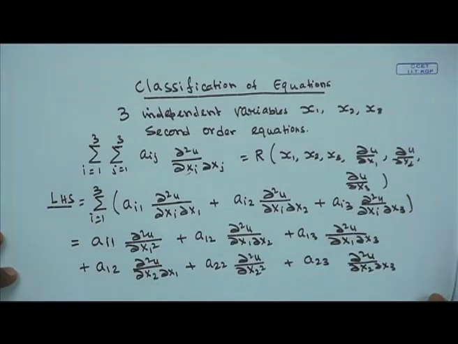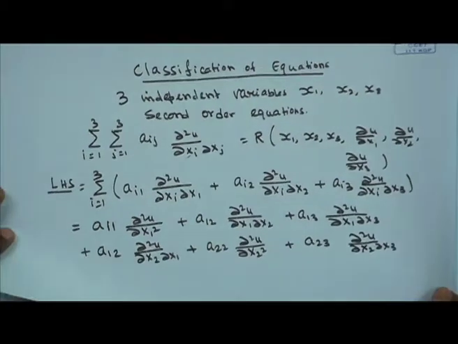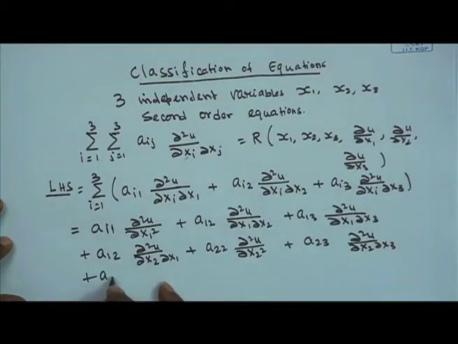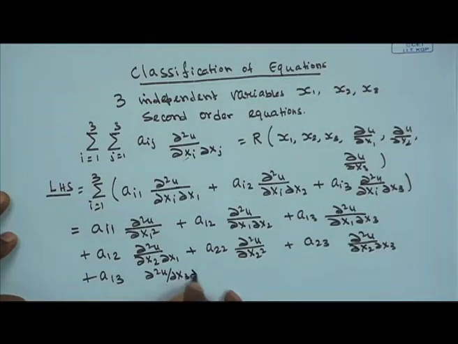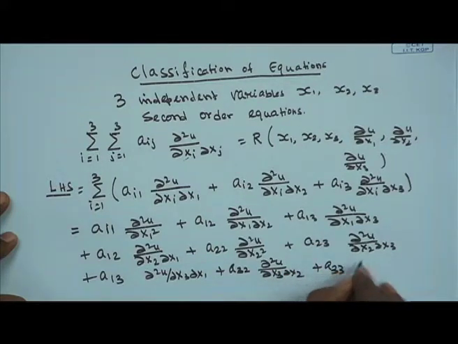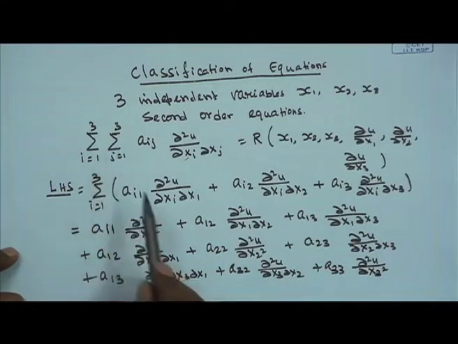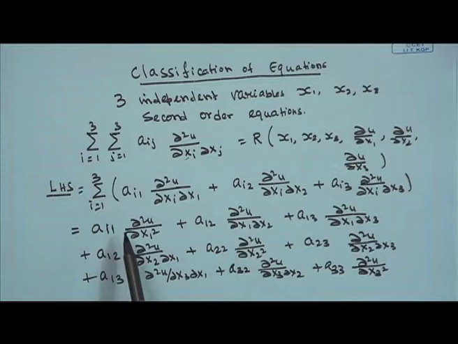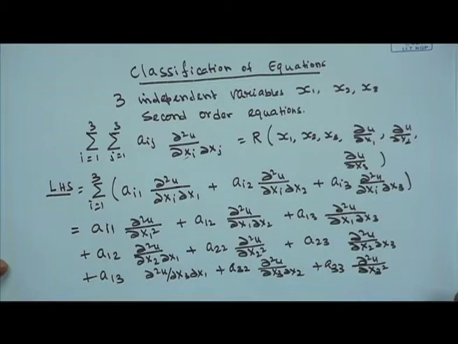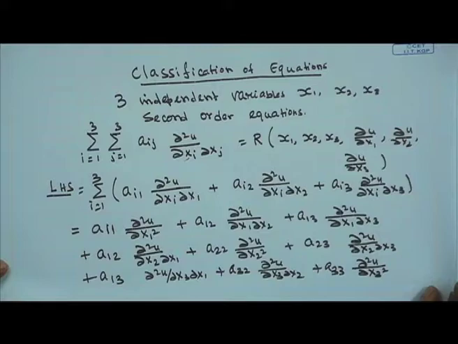The third term will be a31 del square u del x3 del x1 plus a32 del square u del x3 del x2 plus a33 del square u del x3 square. So, we open up both the summation terms over i and over j, and we have obtained the 9 terms of order 2 of the partial differential equation.